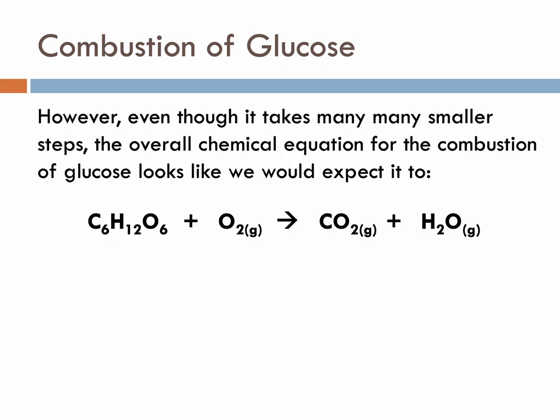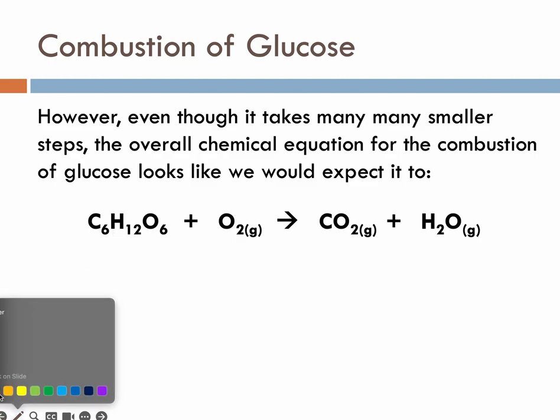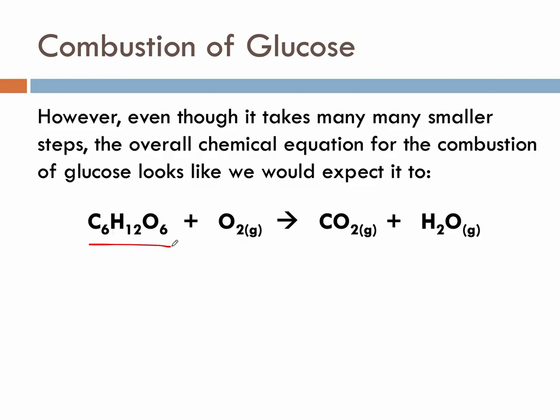But how that process goes, there's tons of chemical reactions that get there. But if we zoom way out and we just look at the beginning and the end state, what we see is a combustion reaction. So if we start with glucose, this guy right here, that's glucose, C6H12O6. It's 6 carbons in a ring, 1 carbon sticks off, there's an oxygen in that ring. That's your glucose molecule.